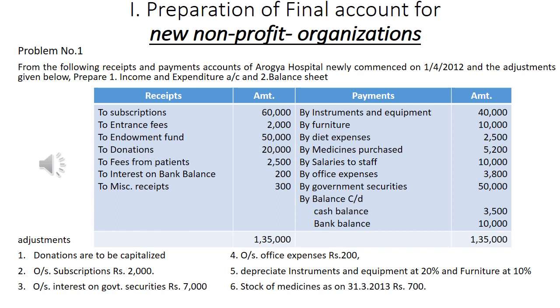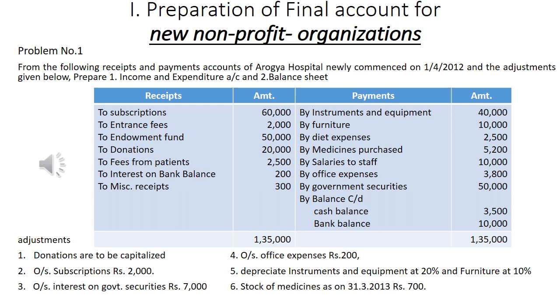Clear? Coming to the credit side or payment side of the receipts and payment account. First one, instruments and equipment are given. Instruments and equipment of a hospital will become fixed assets, so that has to be entered on the asset side of the balance sheet. Then furniture is given, same, asset side of the balance sheet.